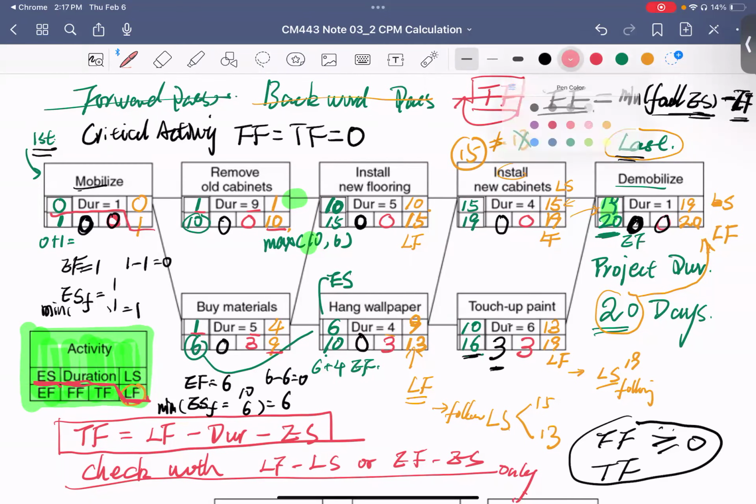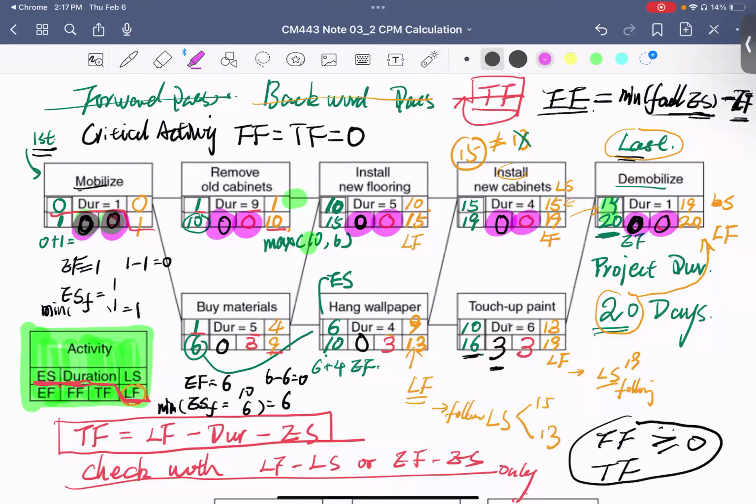The ones on the top row. Okay, we have this one, we have this, and this, right? Do we have any others or just those? Lucas, this one, those bottom row do not match it. So then you have your critical activities.